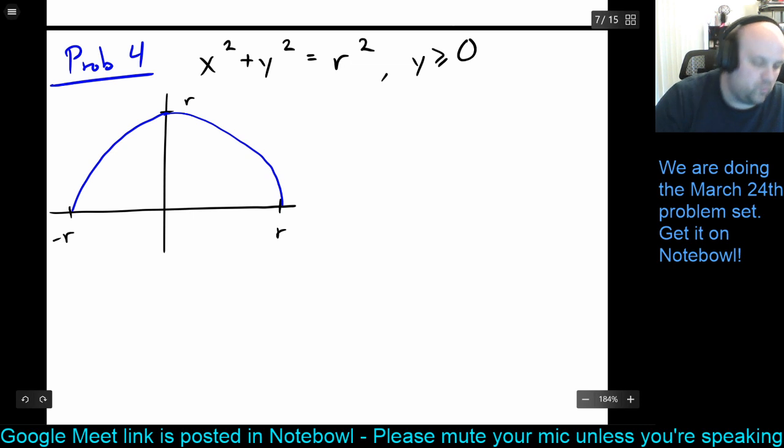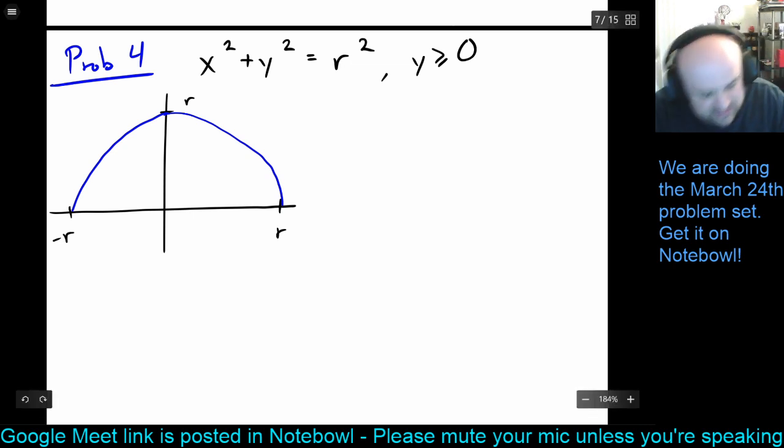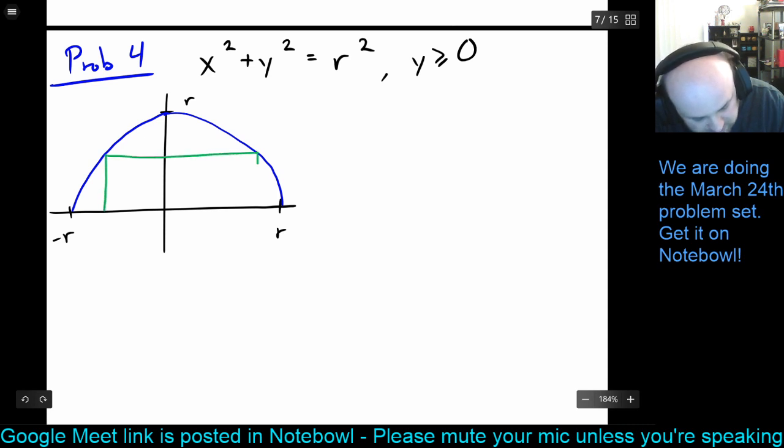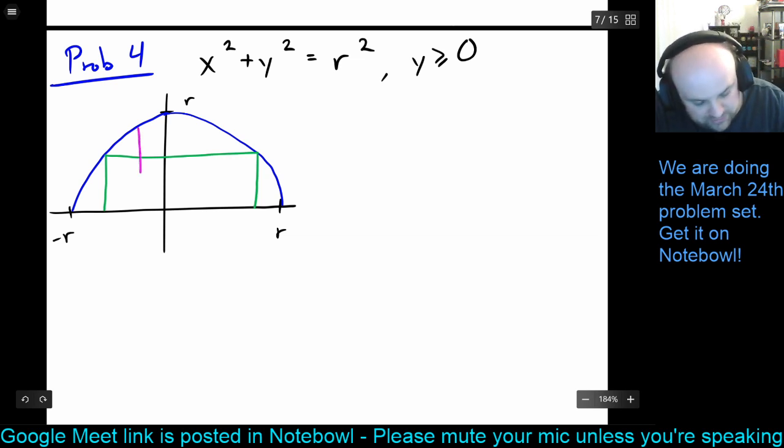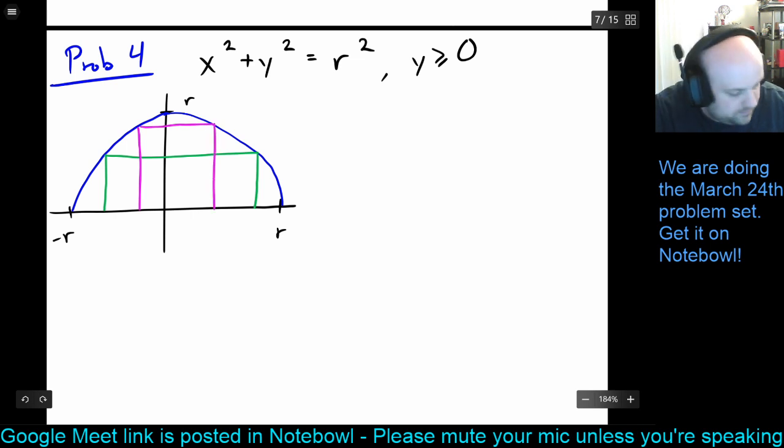And what we mean by inscribing a rectangle in here is, just fit a rectangle inside of here. So which one of these rectangles has the largest area? There's all sorts of them that we can draw.